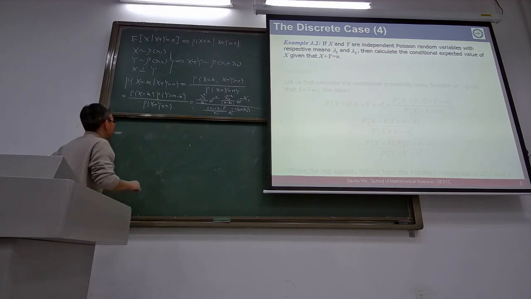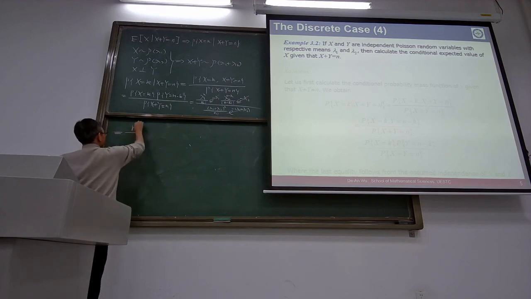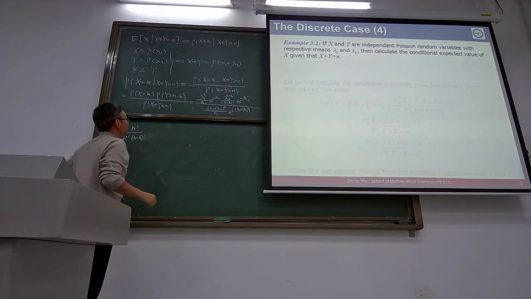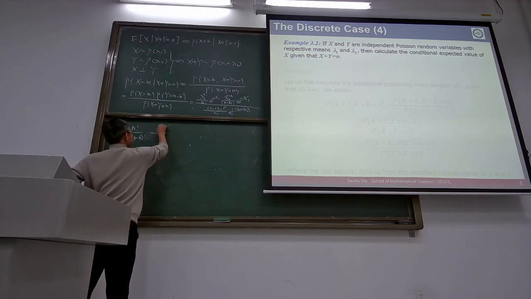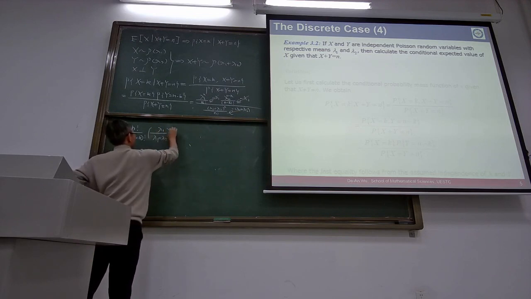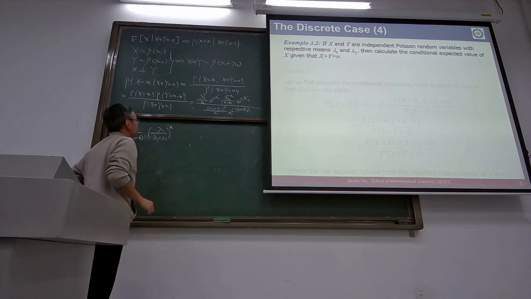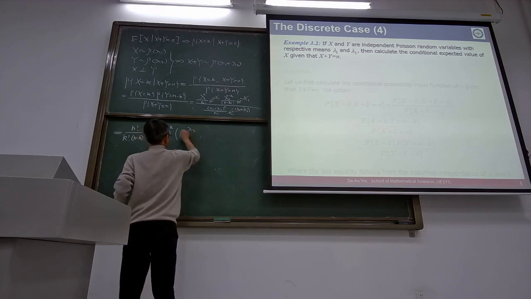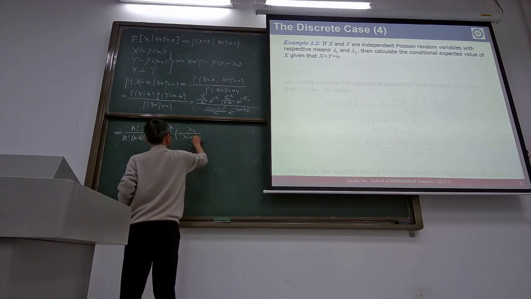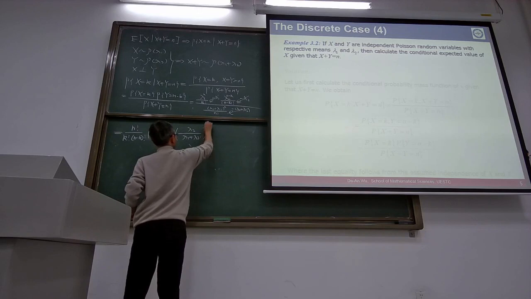This gives n factorial over k factorial times n minus k factorial, and lambda 1 to the power k, and lambda 2 to the power n minus k.